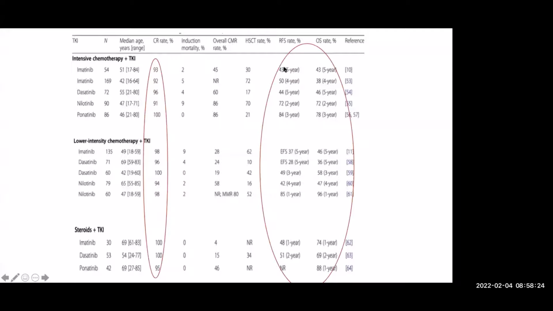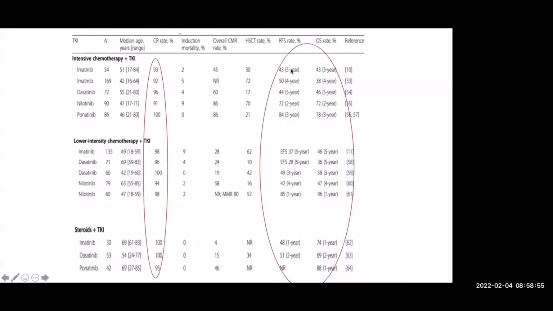So there is no doubt that if we use intensive chemotherapy, the overall survival rate and the relapse-free survival become much more superior than with lower intensity chemotherapy or steroid. What we also need to remember is that the stem cell transplant percentages were also different in these different groups of patients.